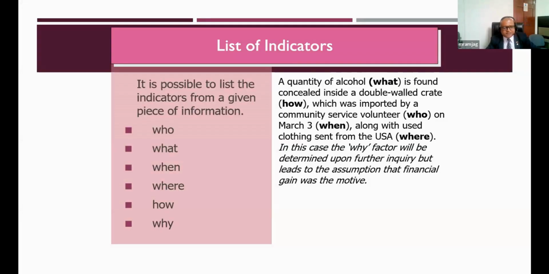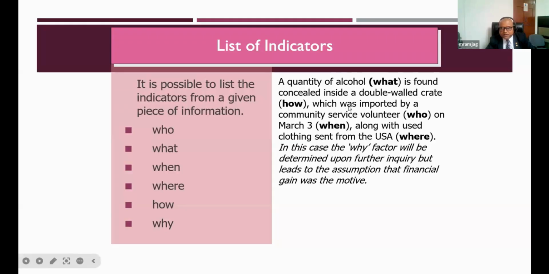Some of the indicators, as an investigating officer, that we use in risk management are some of these terms that we use to get information from: manifest, declaration, invoices, BL. Who, what, when, where, and how, why. So we have a little scenario here where a quantity of alcohol is found in a shipment.